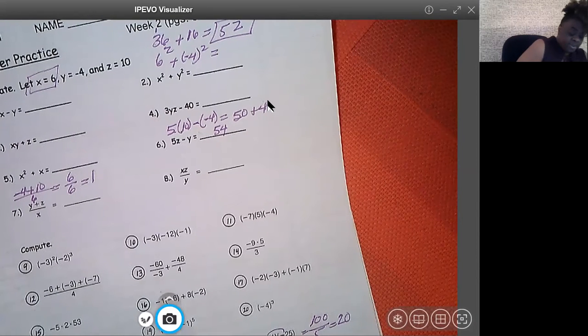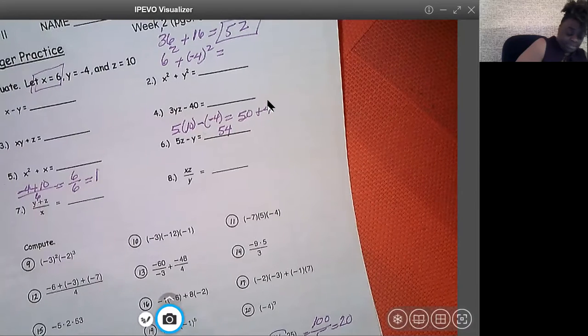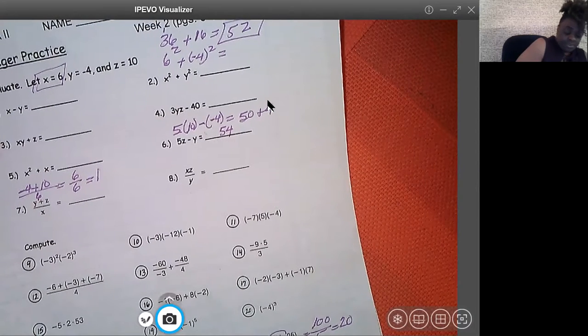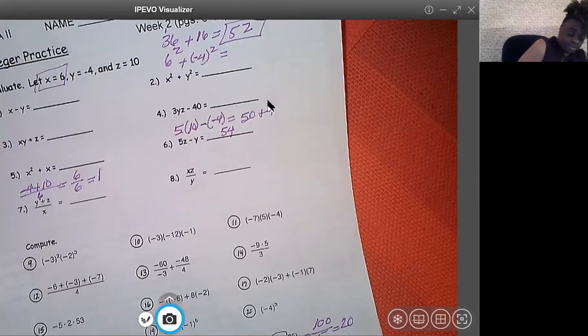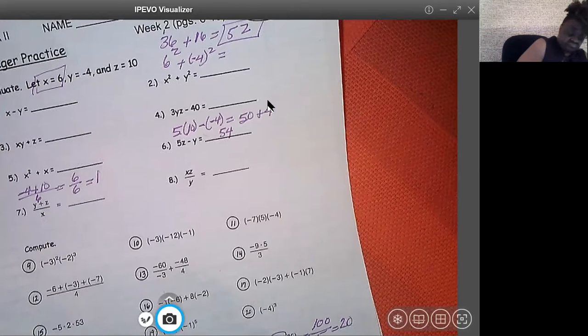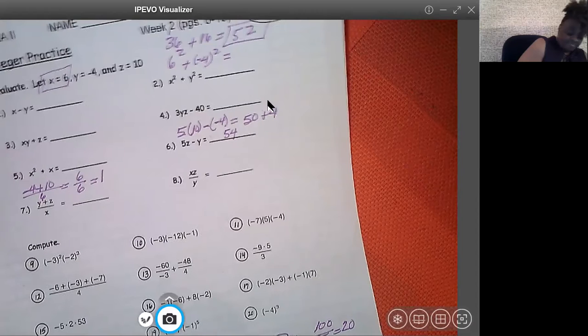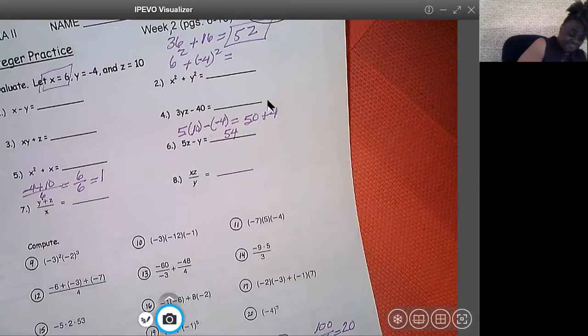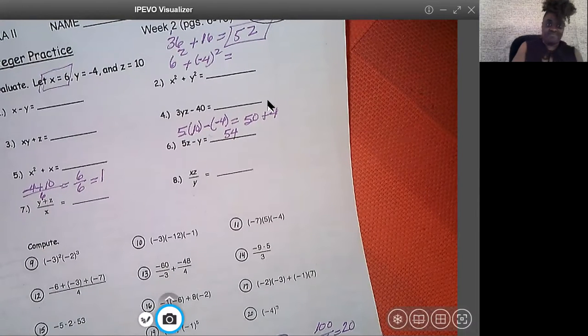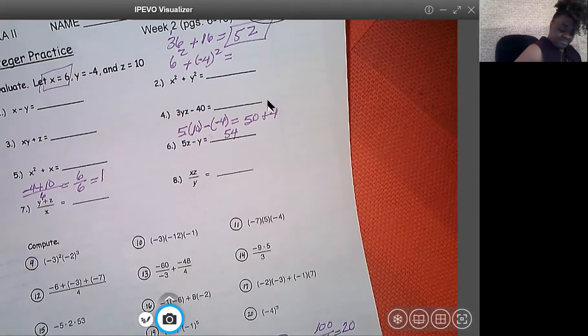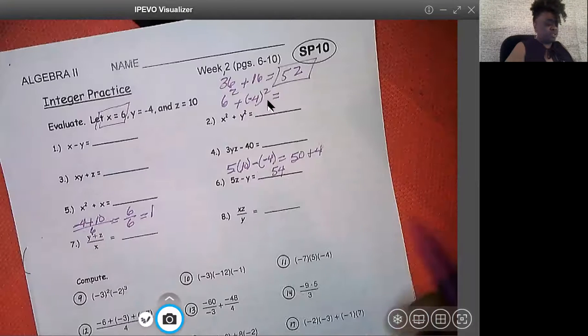Nine times negative 4, negative 36 over negative 2. 2 goes into 36 18 times. All right, so again, just ensure that you have your integer rules.